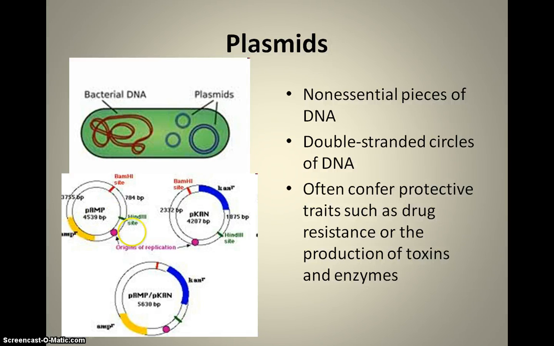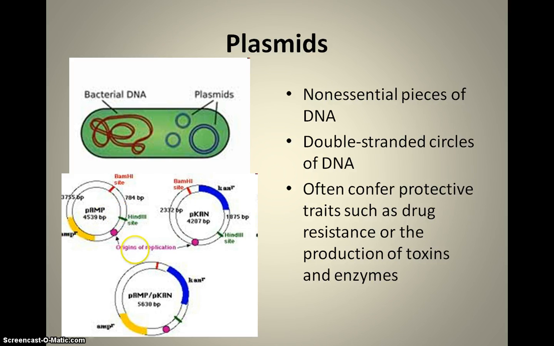If you look down here, you can see that these are actually plasmid maps. Plasmids are also used when we do genetic engineering, and so you can purchase plasmids from a company, and they contain different sites, and you can insert a gene into these sites and use them for inserting a certain gene into an organism that you want.